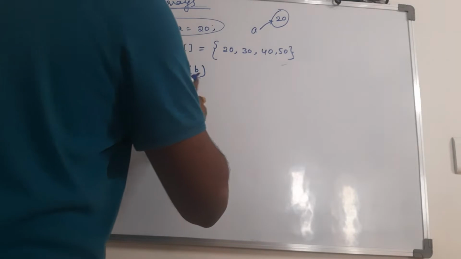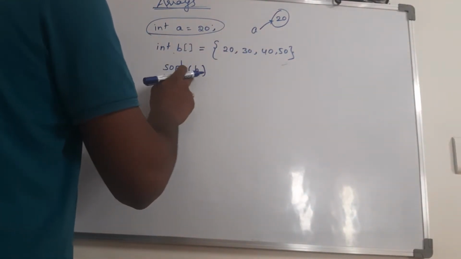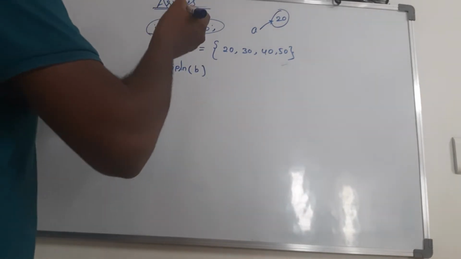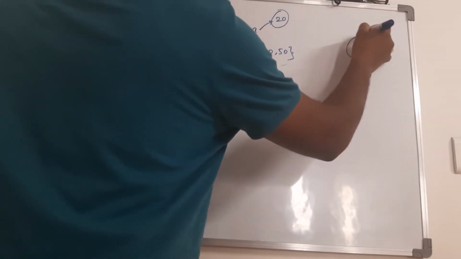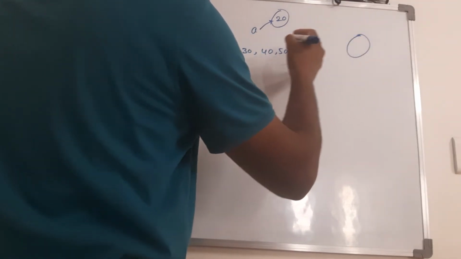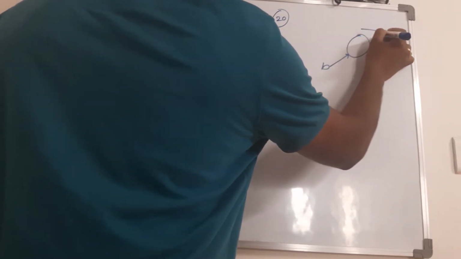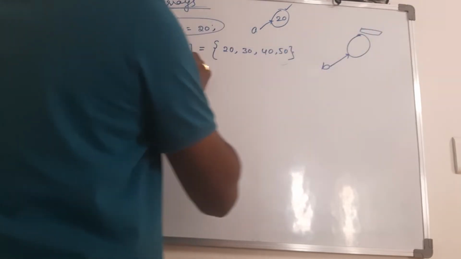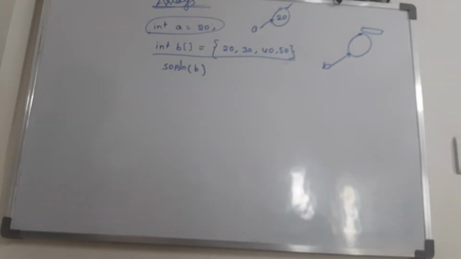If I use println with b, containing all the values, right? If I try to print b, when I create it like this, the memory will be created like this, an object will be created, b will refer to this, and this has some address. So when we create an array, an object will definitely be created.